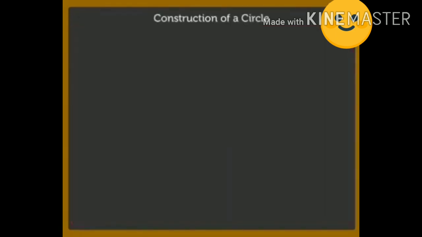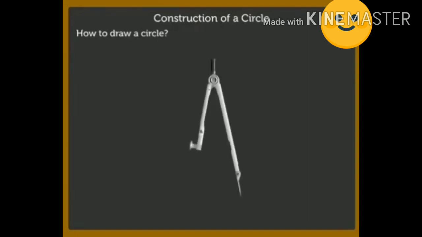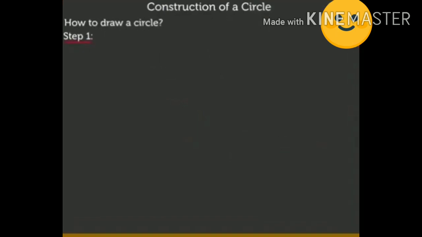Let's now learn how to draw a circle. To draw a circle, we use a compass. A compass has two arms, a metal arm and a pencil arm, connected by a hinge. Step 1.